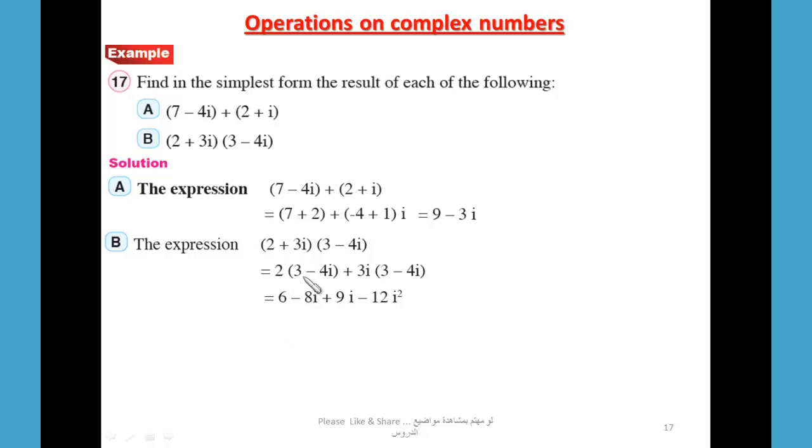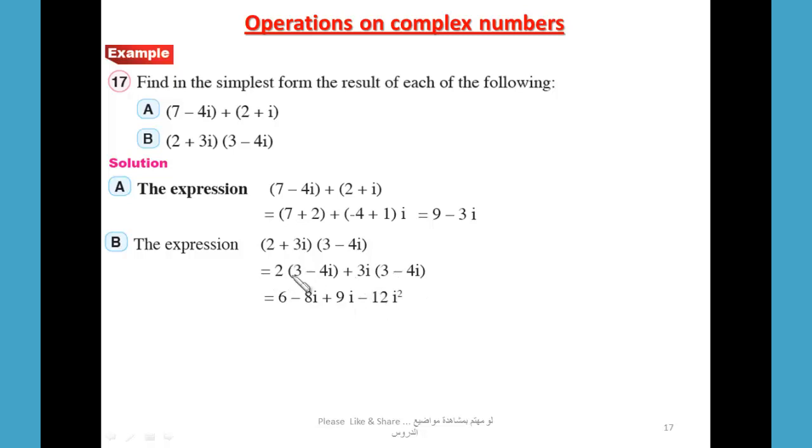So 2 multiply 3 equals 6. 2 multiply negative 4i equals negative 8i. 3i multiply 3 equals 9i. 3 multiply negative 4 is 12, i multiply i is i squared, and positive by negative equals negative.